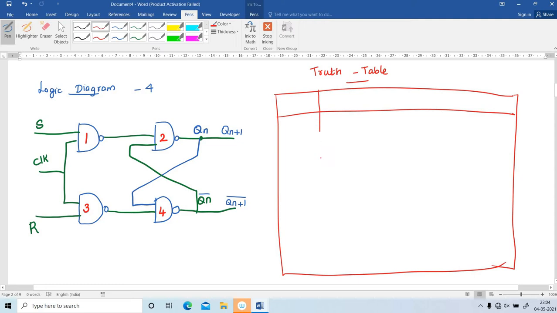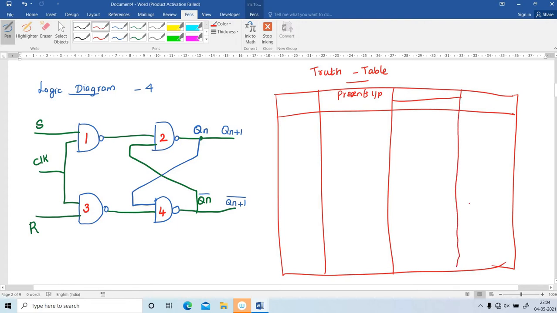Okay, first we'll draw the clock, then the present inputs, and next the present state and next state output. And the last, the state.